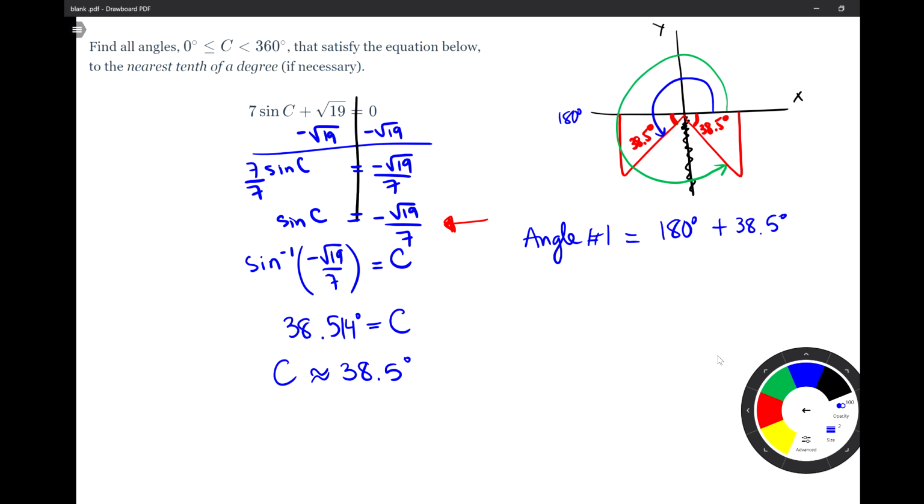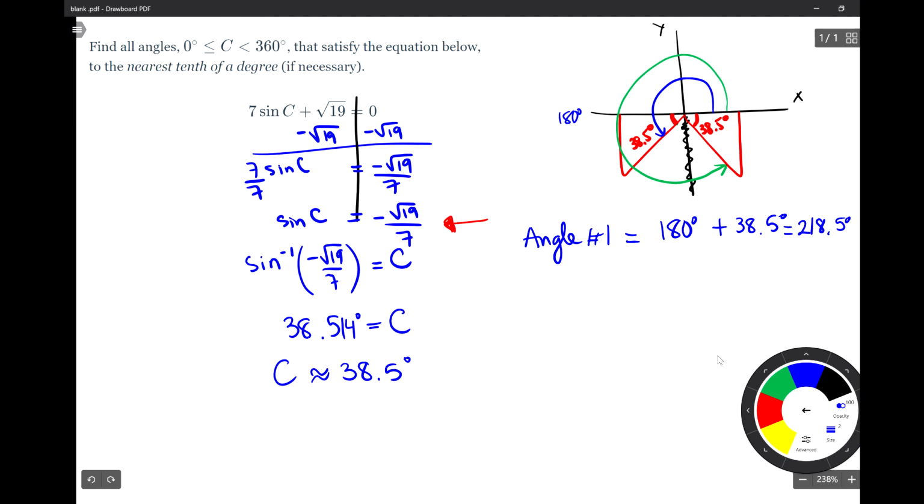So add them up, we get the total for the blue angle. So that will give us 218.5 degrees.